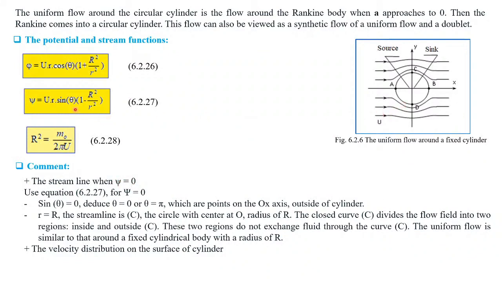And one more. If this one equals 0, we can solve for small r equals capital R. So the second streamline is C, the circle with center at O and radius R. The closed curve C divides the flow field into two regions, inside and outside.